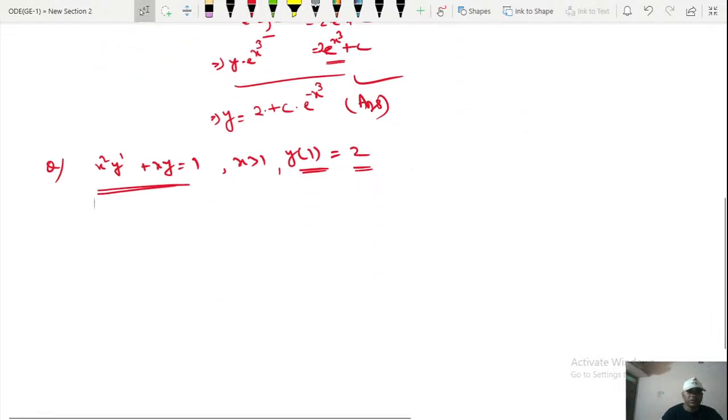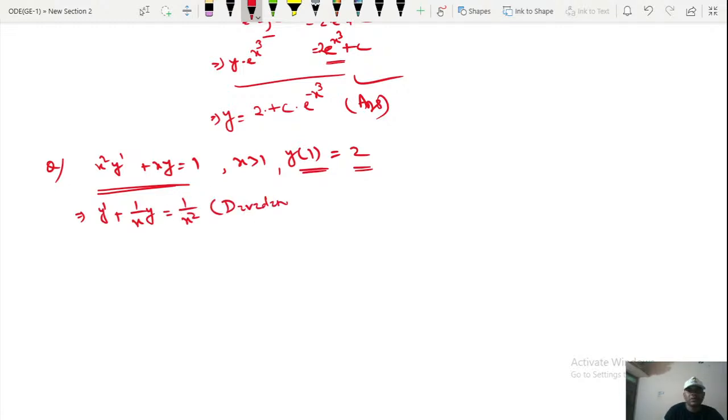So x squared y dash, you can divide by x squared on both sides. So y dash plus 1 by x times y equals 1 by x squared.